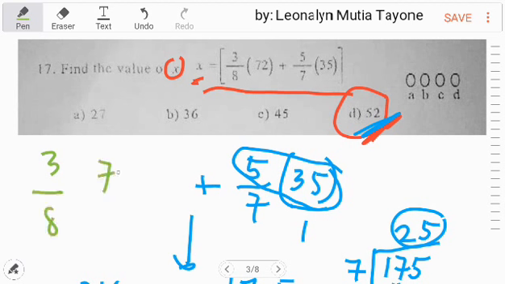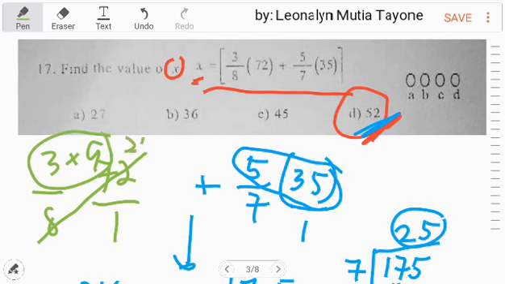Si 72 kasi, automatic na numerator. Kasi lahat ng mga whole numbers, mayroon yang denominator na 1. Pwede mo yang i-cross. So i-divide mo yan or i-list mo yan. 72 divided by 8, that is 9.